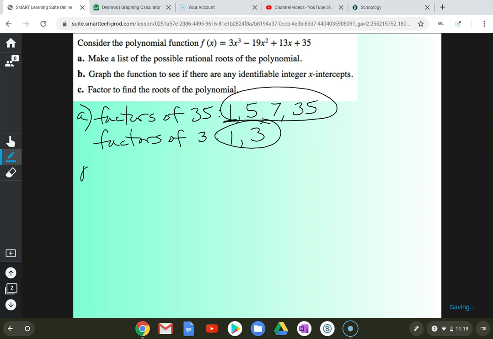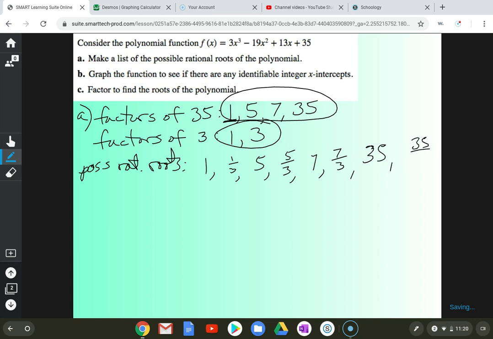So our possible rational roots are 1 over 1, 1 over 3, 5 over 1, 5 over 3, 7 over 1, 7 over 3, 35 over 1, and 35 over 3.